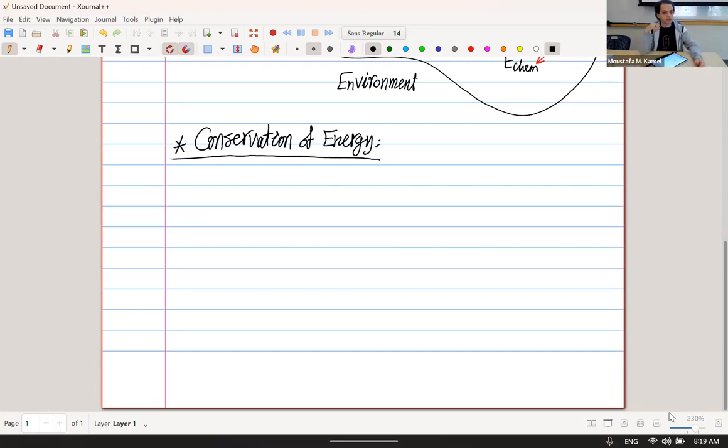As we said, when work is done, energy is transferred to the system or out of the system. So whenever work is done, energy is transferred. This idea can be mathematically captured in this equation: the work done is equal to the change in energy.